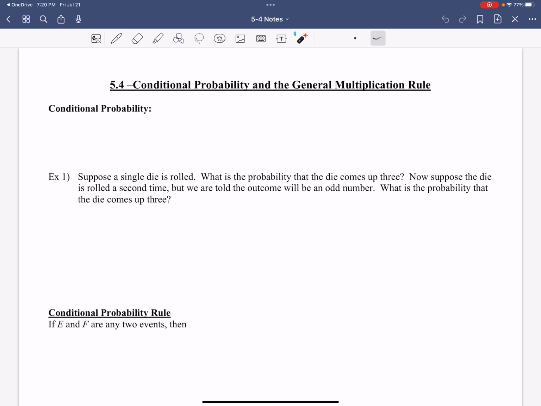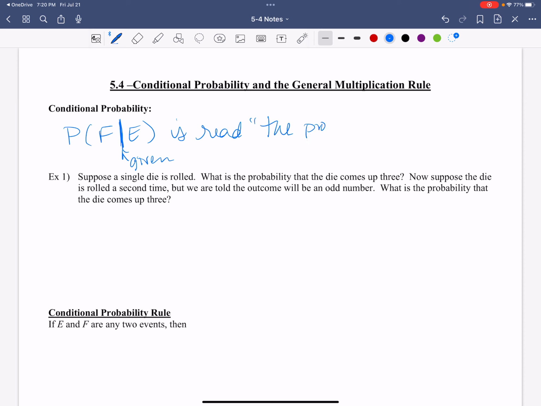So let's start with conditional probability, and that is P(F | E). So this is a line that goes in between those two, all right? And it is read, the probability of event F given event E. So the word given is for that line.